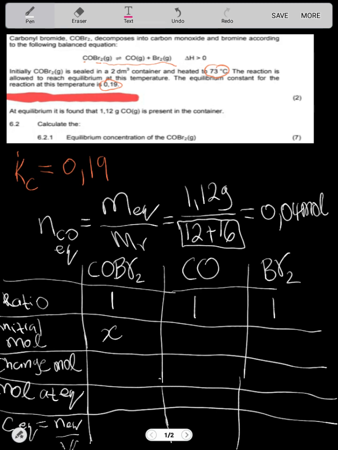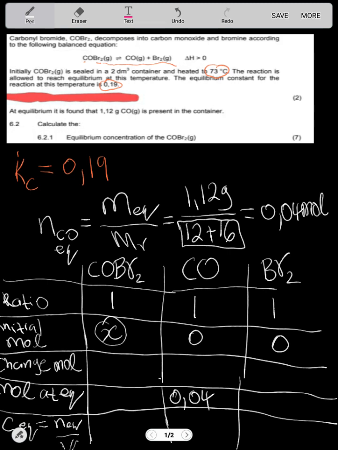In simple language, at equilibrium the moles of CO is 0.04. And we know that initially when this reaction starts, we are starting with X unknown moles of COBr2, but we haven't yet formed the product. So CO will be 0, and Br2 will be 0. Initially, we haven't formed any of the product. We just have our reactant, hence 0.